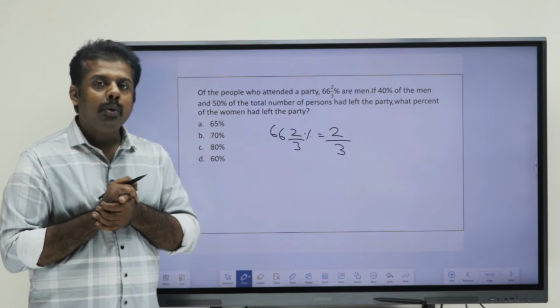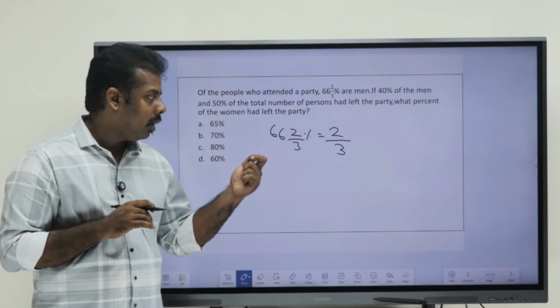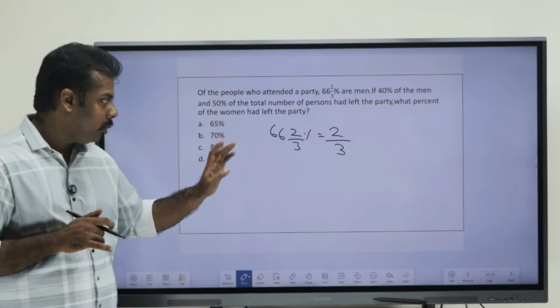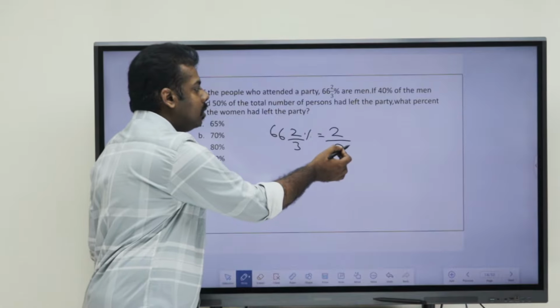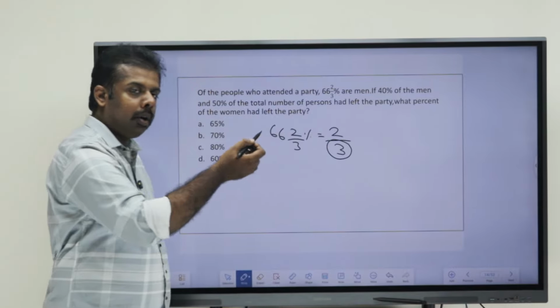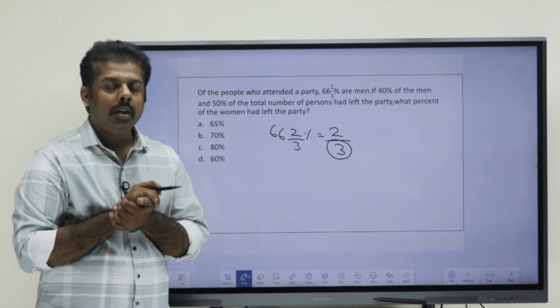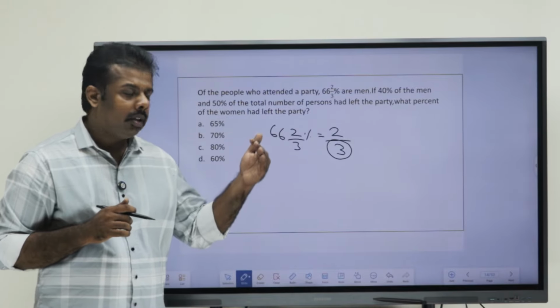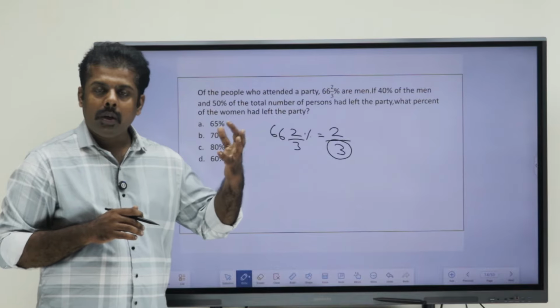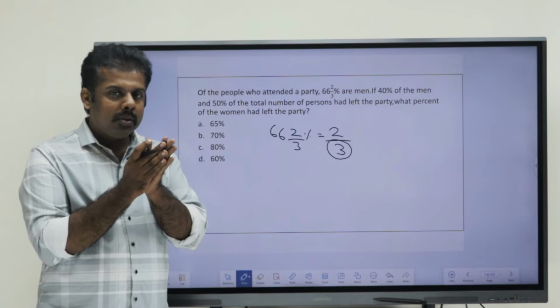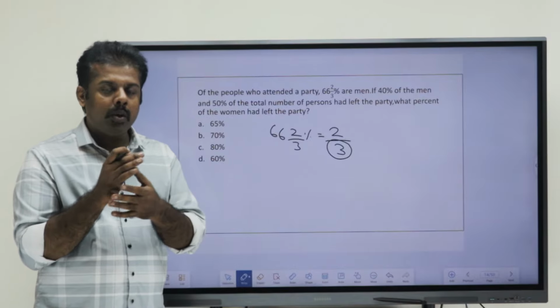Okay. So, when you are converting it into a fraction, focus on the denominator part. You can take a multiple of the denominator as the total persons. So, you can also take the value 3 as the total number of persons and try to calculate it. But if you make that value small, it will make your calculation a bit tougher.